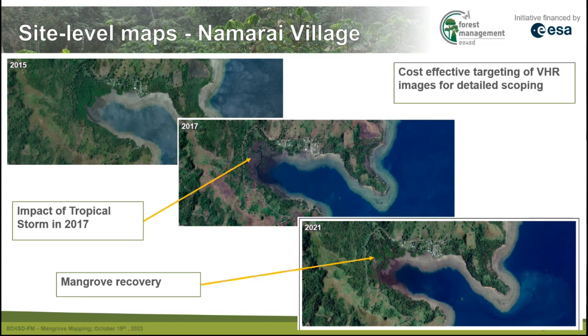And this type of information was quite informative for the Asian Development Bank and the government of Fiji to plan their nature-based seawall investments and to understand the changes and dynamics that had happened in this area, prior to their efforts to improve the protection and resilience for this village.